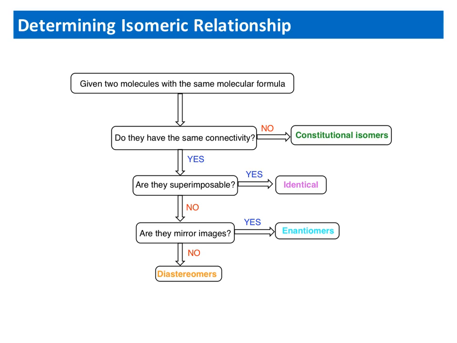Now, you need to ask yourself, are they superimposable? If so, they are identical. They are not stereoisomers. You have a single molecule. Now, if they are not superimposable, you need to ask yourself, are they mirror images of one another? If they are, they are enantiomers. And if they are not, you have a pair of diastereomers.